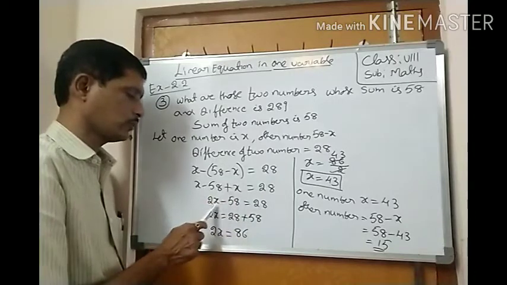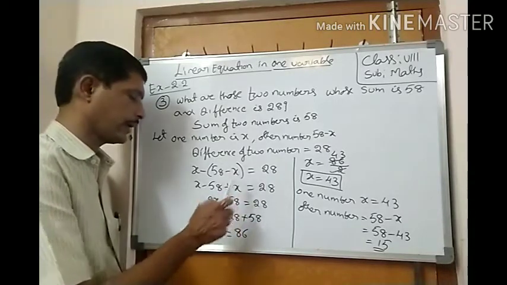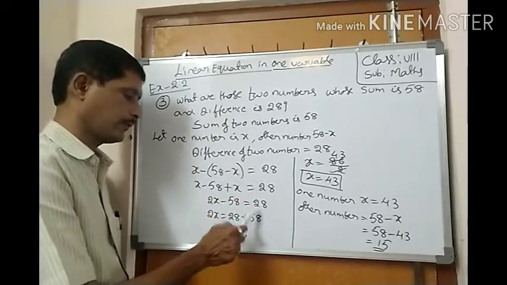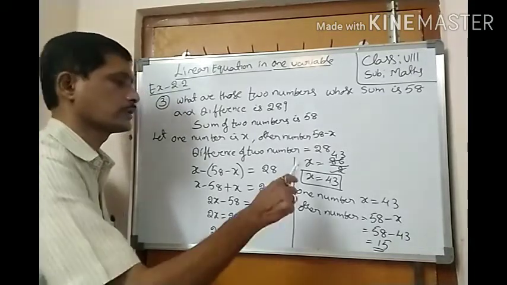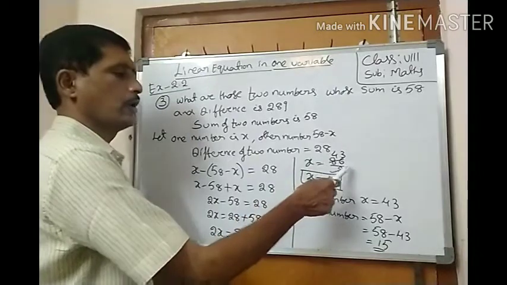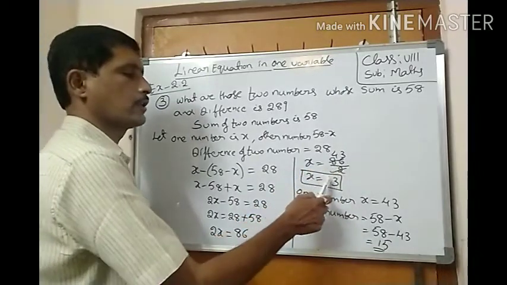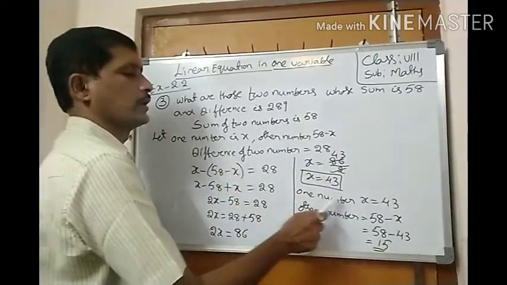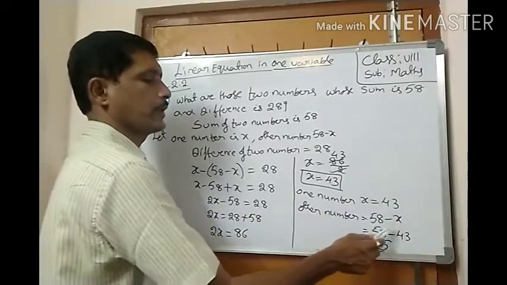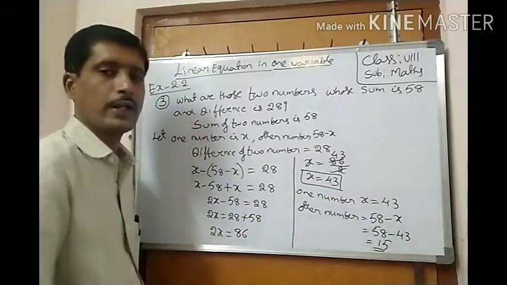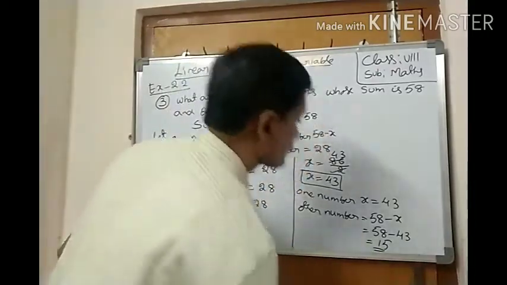X plus x, that is 2x minus 58 equal to 28. 2x equal to 28 plus 58, 2x equal to 86. Therefore x equal to 86 by 2, that is 43. One number is x equal to 43, other number equal to 58 minus 43, that equals 15. Okay, next question.